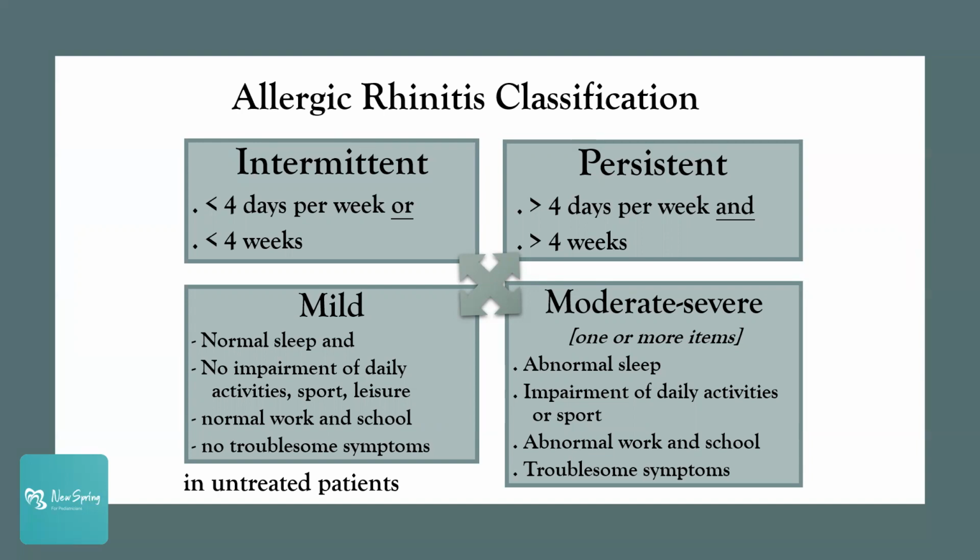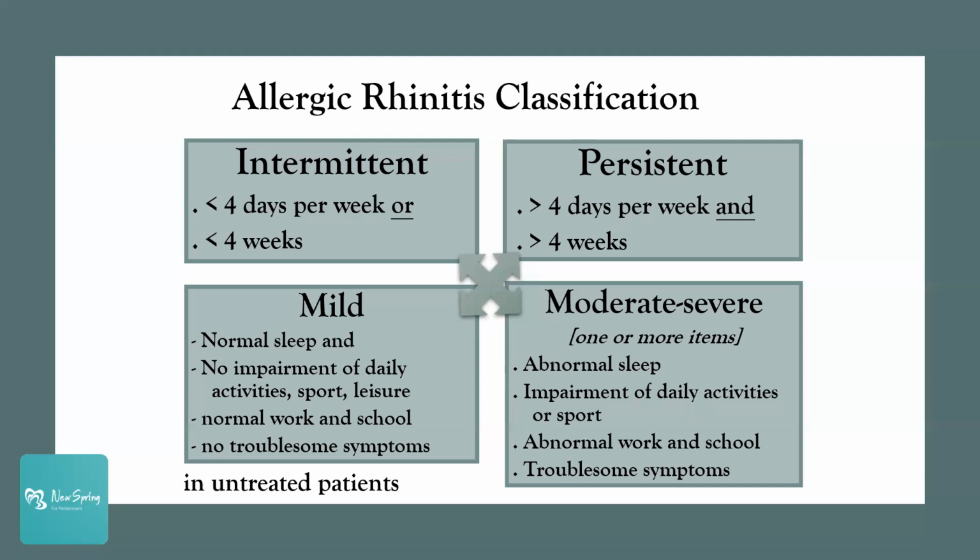And this takes us to the symptoms. Are they mild, moderate, or moderate severe? Mild means that the child has normal sleep, there's no impairment of daily activities, no impact on sport, there's normal work and school, no troublesome symptoms, and this is considered a mild patient.